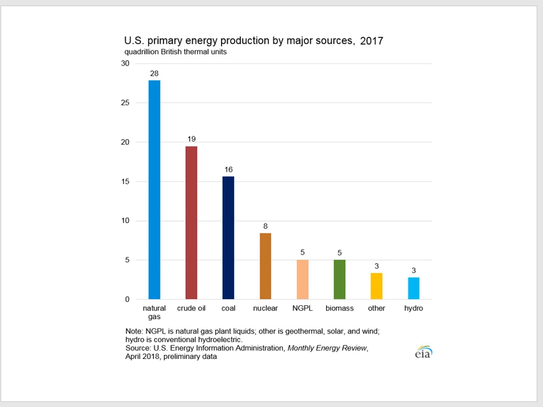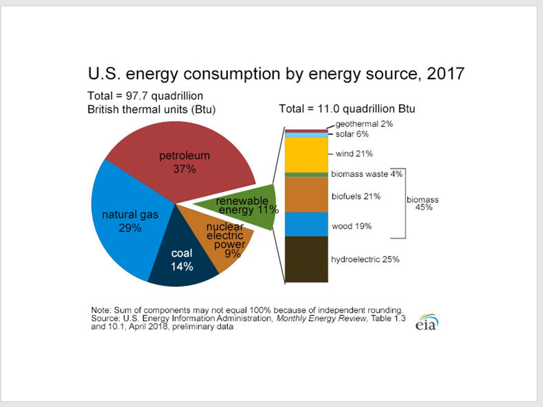Now what's happened as you fast forward 10 years or so, this data is a bit more recent, you notice that natural gas has really kicked up, right? And this is probably, you can guess, due to the increase in natural gas extraction in the last few years due to things like fracking that you have heard about in the media. So there's some change in energy production by source over the last decade or so.